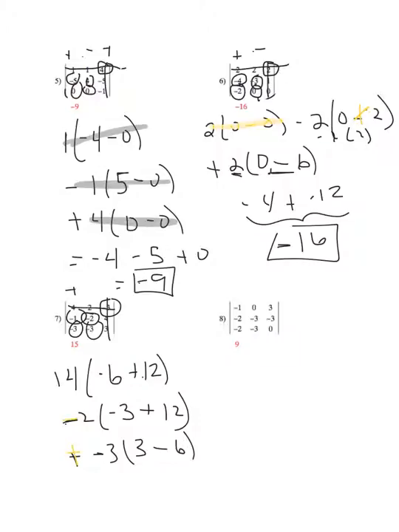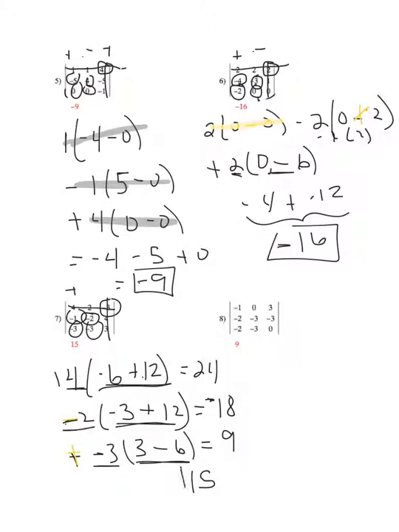So I've got 4 times 6, so that gives me 24. Here I've got negative 2 times 9, so negative 18. And here I've got negative 3 times negative 3 for 9. 24 minus 18 is 6, plus 9 is 15.